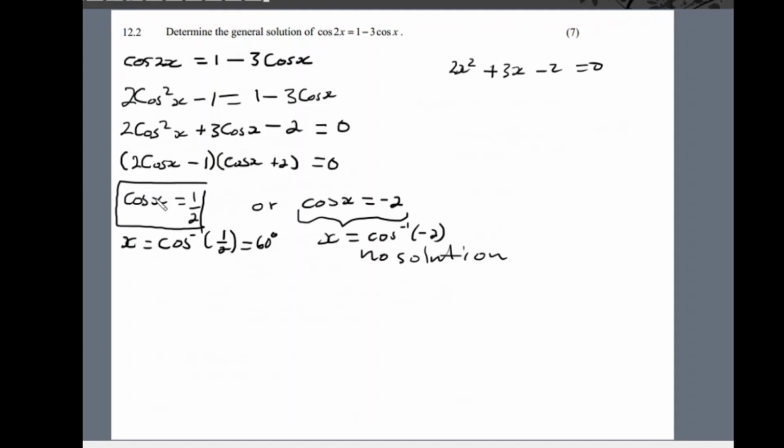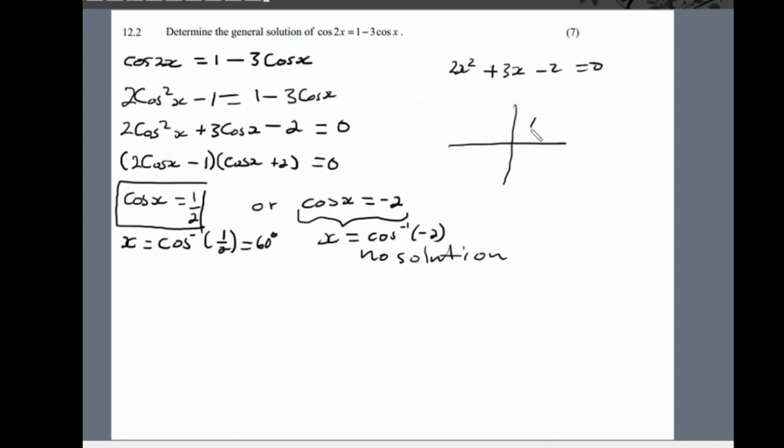So we want the value of x where cos x will be equal to 1 over 2. So we want an angle such that if we take cos of that angle, we will get 1 over 2, right? Because we want a positive number, which is 1 over 2.